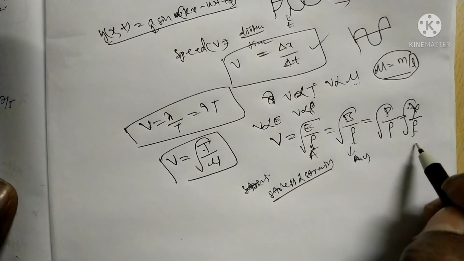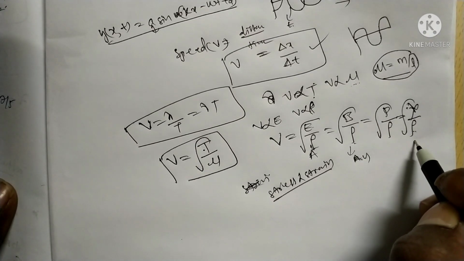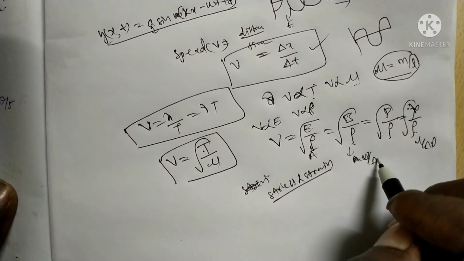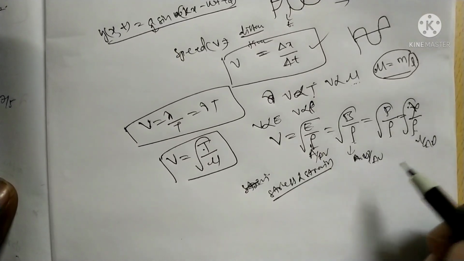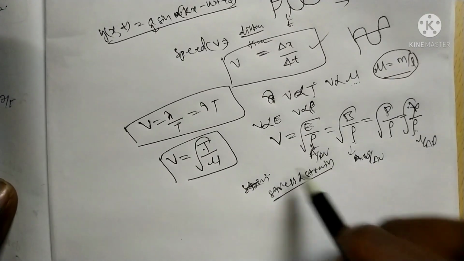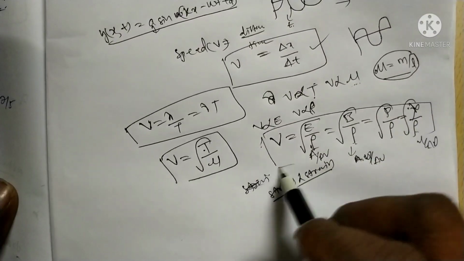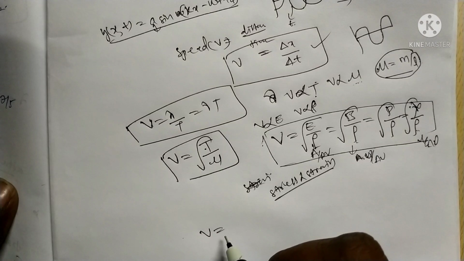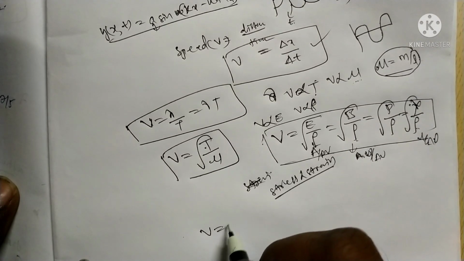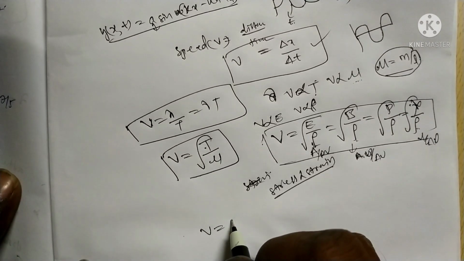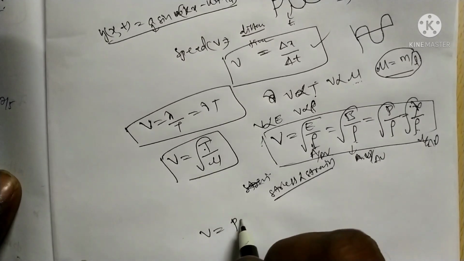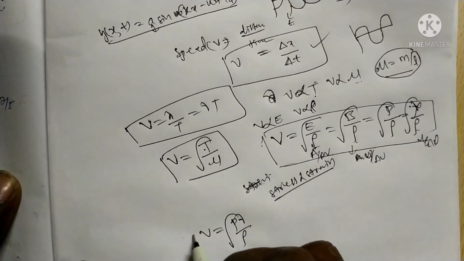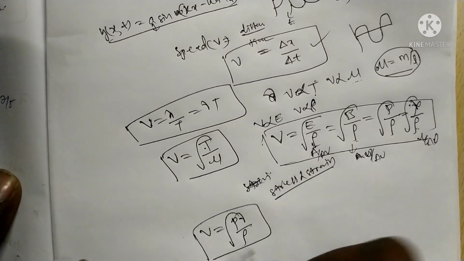It is the change in length delta L, in volume delta V. These are the parameters of the Young modulus. And finally, we can conclude the speed of a longitudinal wave with pressure and gamma by rho. It is the form of the speed of a longitudinal wave.